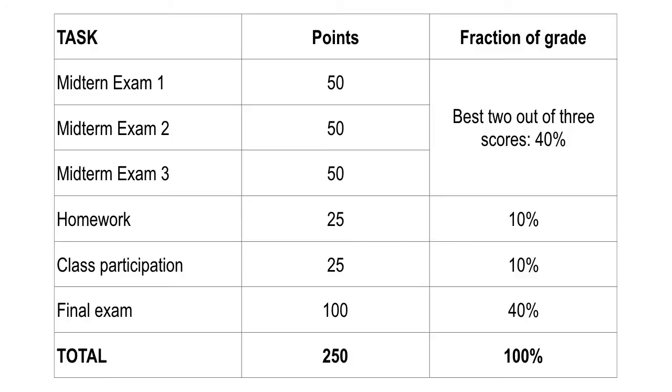And let me draw your attention. Go ahead and put a circle around classroom participation and homework, because those two are relatively easy to get most of those points. And a lot of you are going to get 25 out of 25 on homework and 25 out of 25 on class participation because you are doing your homework faithfully and you are coming to class faithfully.